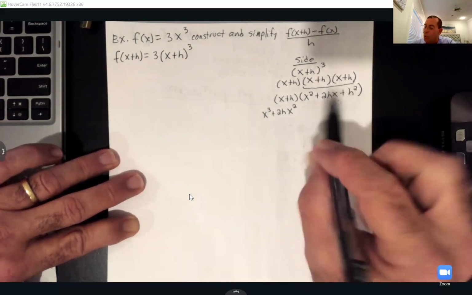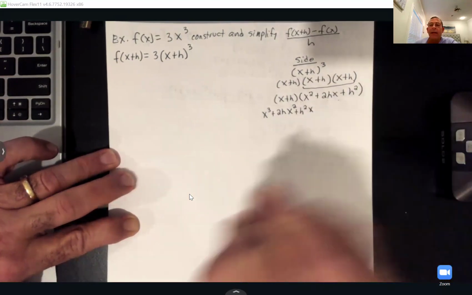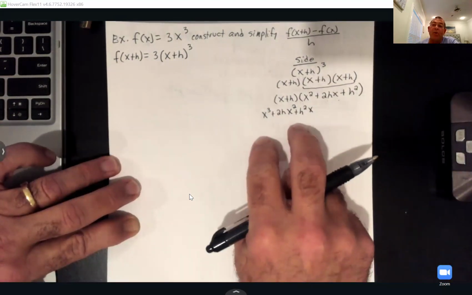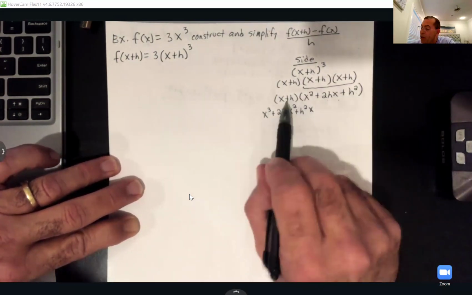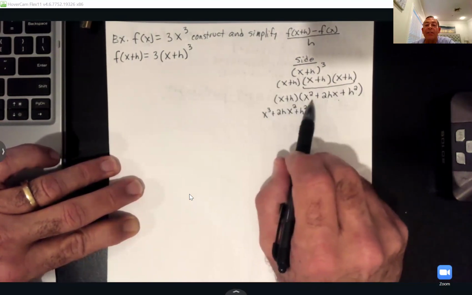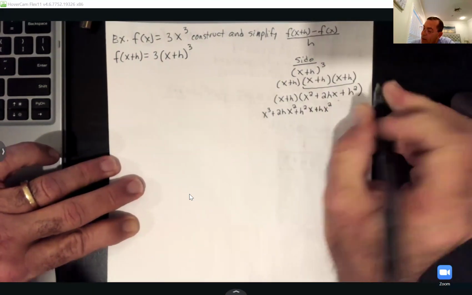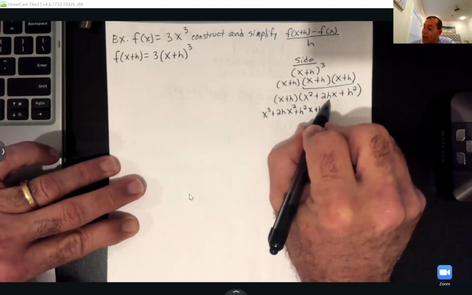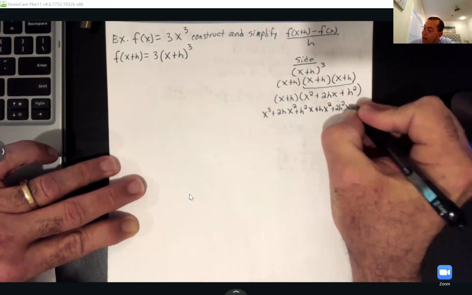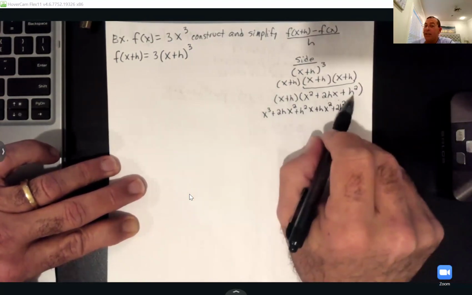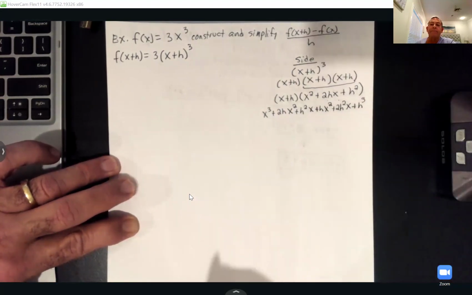X times h squared is a h squared x. And I really try to keep these in alphabetical order to keep up with stuff. Now I'm adding the h to everybody by distributing this h. H times x squared is a hx squared. H times 2hx is a 2h squared x. And then h times h squared is a h to the third.